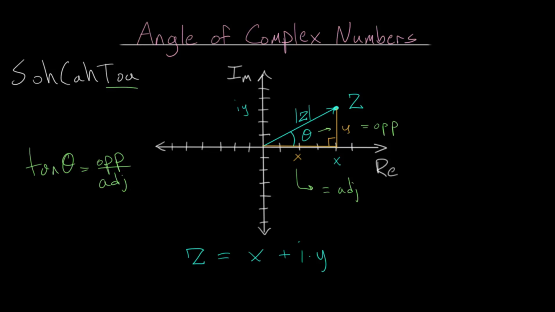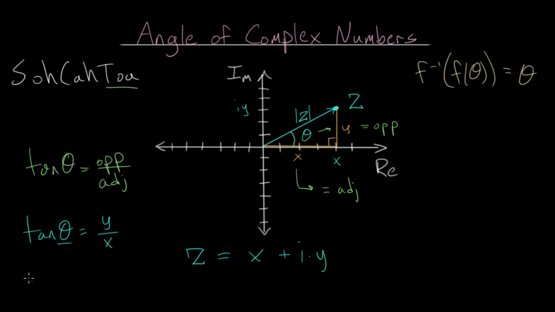And if we plug in our values, we have that the tangent of theta is equal to y for the opposite divided by the adjacent, which is x. And we can solve for this angle theta by taking an inverse tangent of each side. Since remember that if we plug our function into its inverse, the function and the inverse essentially cancel each other out, and we just get back the independent variable.